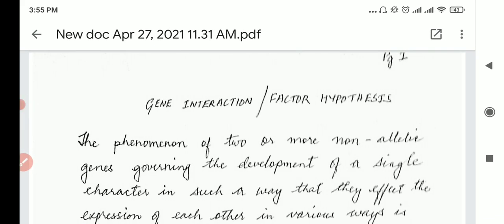Okay, so today I want to finish this topic also, gene interaction or factor hypothesis. Usually I used to do just one topic, no? Artificial seeds itself is quite, what to say, a concept requiring a chapter.